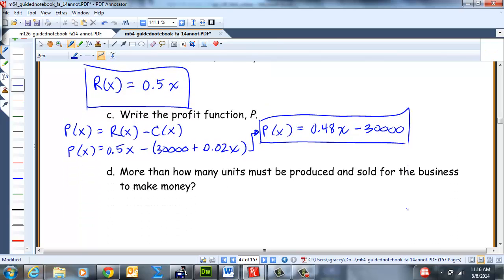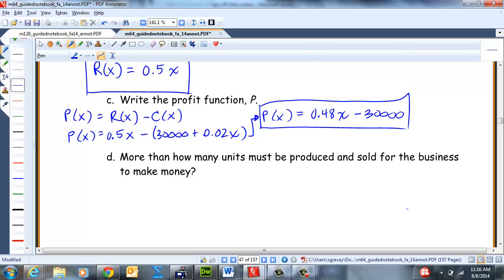And we need profit to be greater than 0 to make money. Our profit function was 0.48 times X minus 30,000 has to be greater than 0.